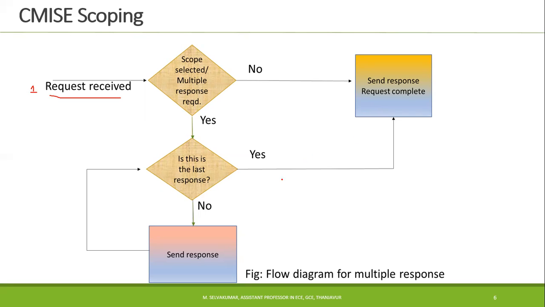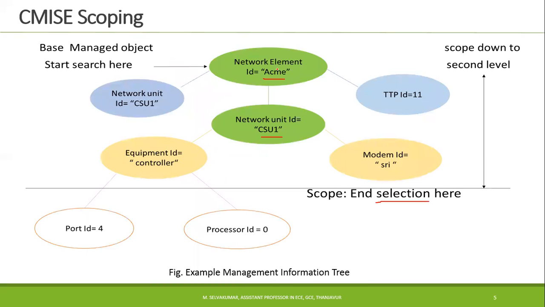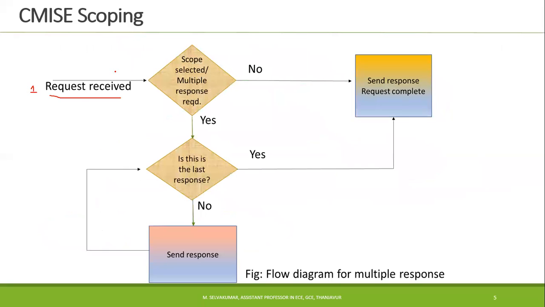to the manager system. If it is not, the response will be reselected. With network element ID ACME, it is connected in a tree-like structure: the equipment ID controller card, giving one response, and another connected to the modem modulation and demodulation, giving another response. Likewise, multiple responses are taken by a single search. The last response will be shown in another flow diagram.